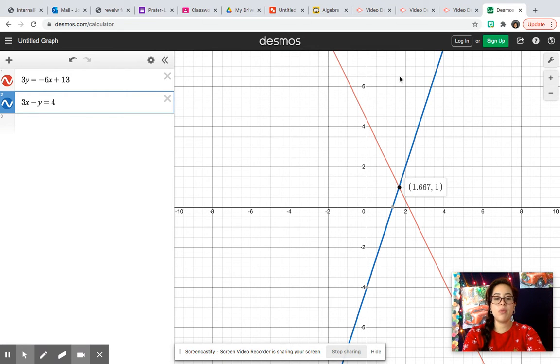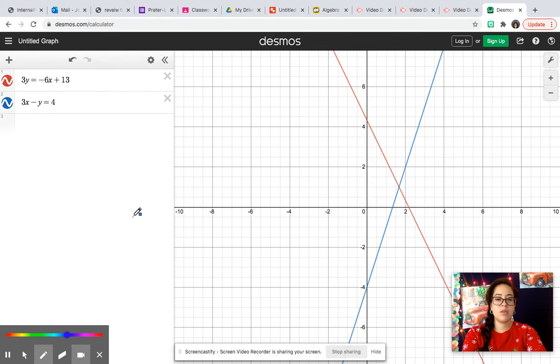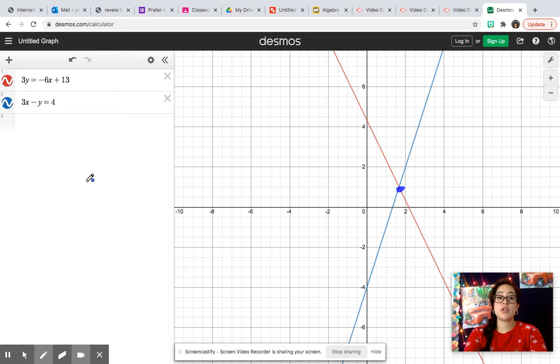Now, before we move on, even though we're able to calculate the crossing point with Desmos, when you get your actual calculators from the school, you must turn these into slope-intercept form for the graphing calculator to read it.